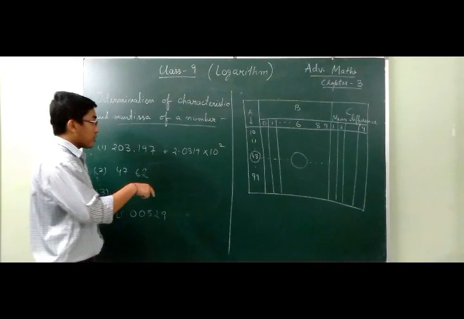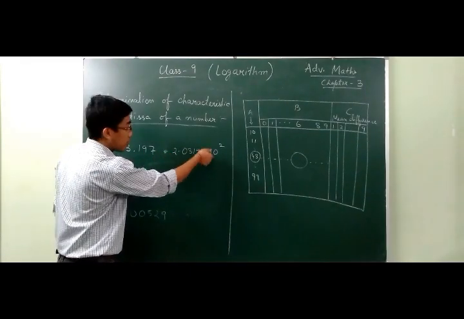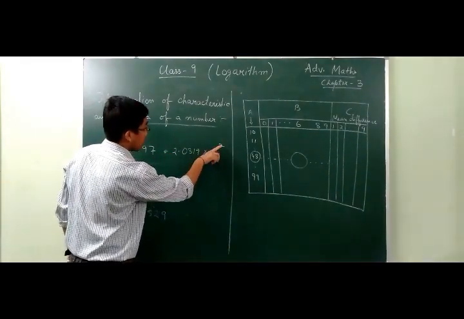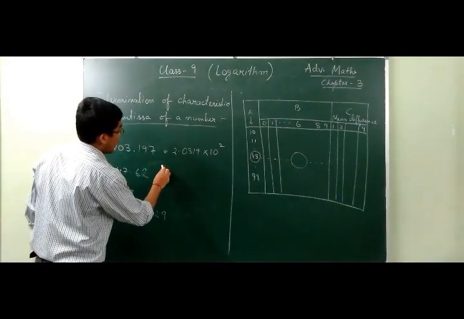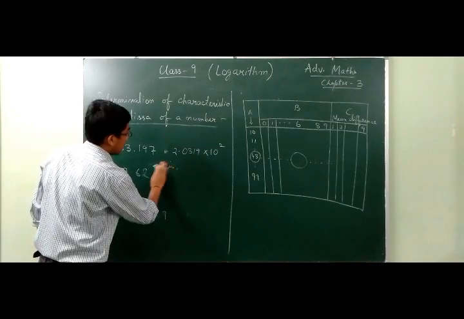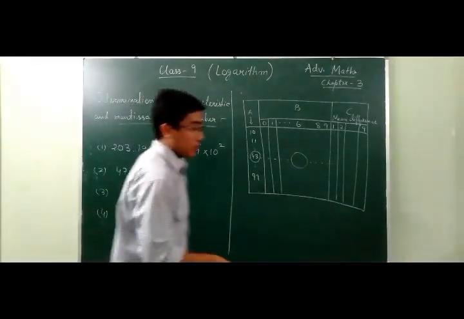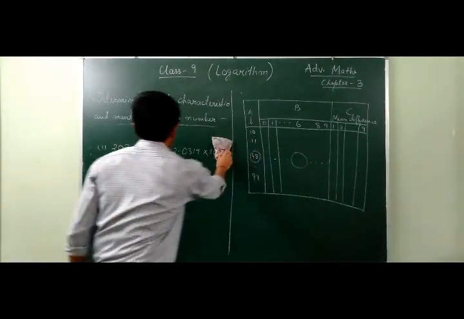Like the previous case, if I put log here and break it, I will get from this portion the characteristic as 2. So the characteristic will become simply 2.